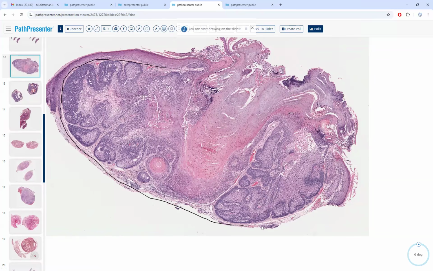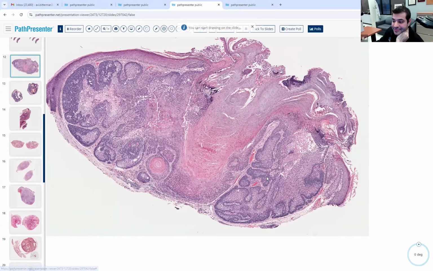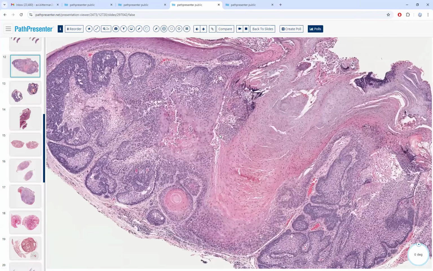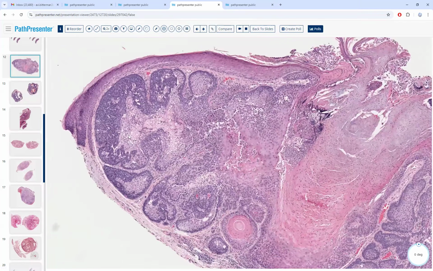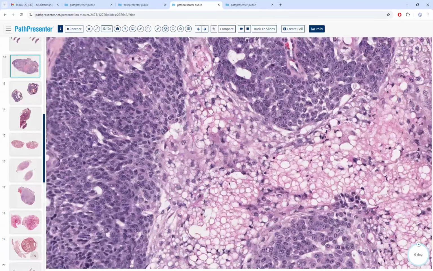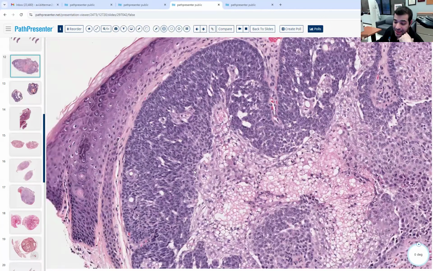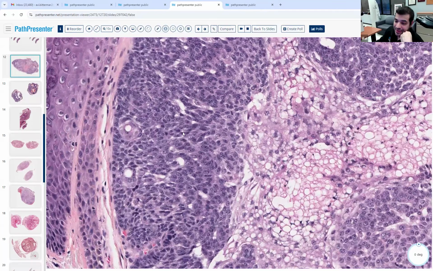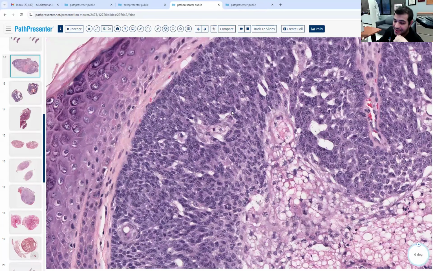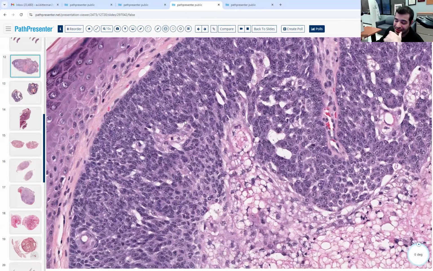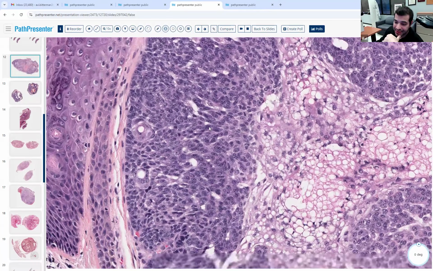Yes, very well circumscribed. Do we see any atypia or mitotic figures? Not as much. There may be some mitotic figures because remember there are some of these more primitive cells, but nothing abnormal for this entity.